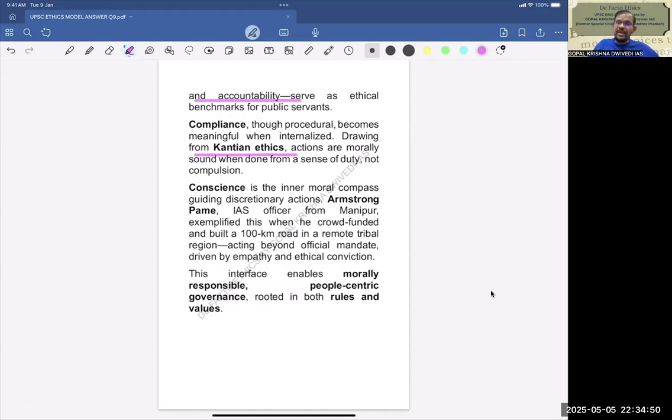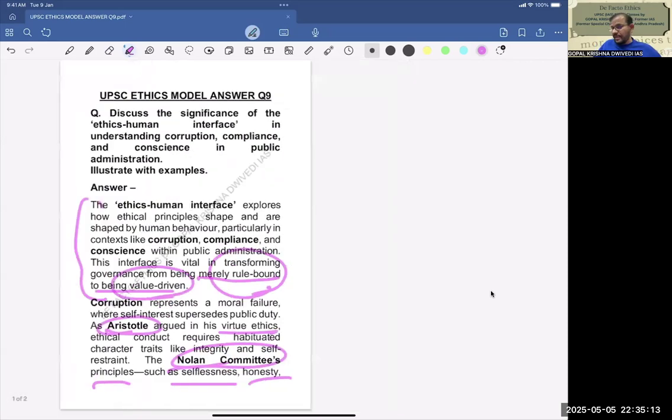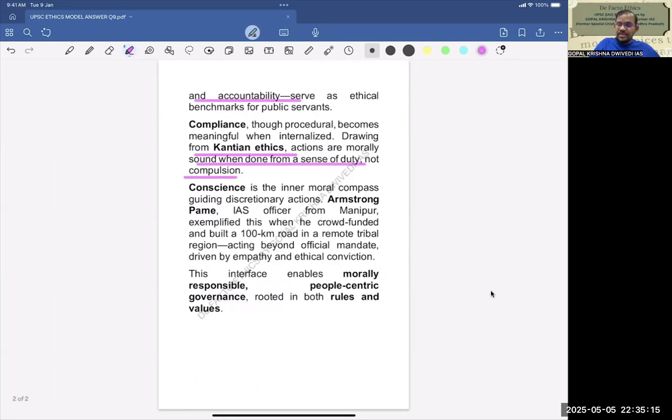So we are quoting Kant and his duty ethics: actions are morally sound when done from a sense of duty, not compulsion. So compliance we are relating with the duty ethics of Kant, and corruption with the virtue ethics of Aristotle and the Nolan Committee. Now we come to the third, conscience.